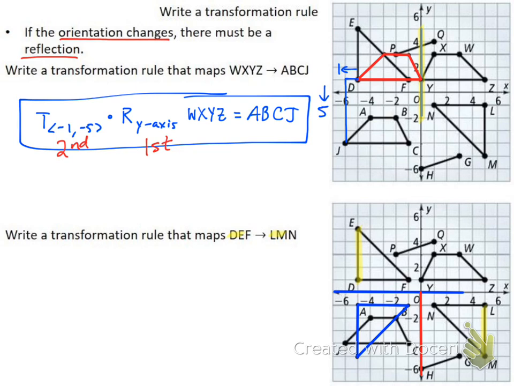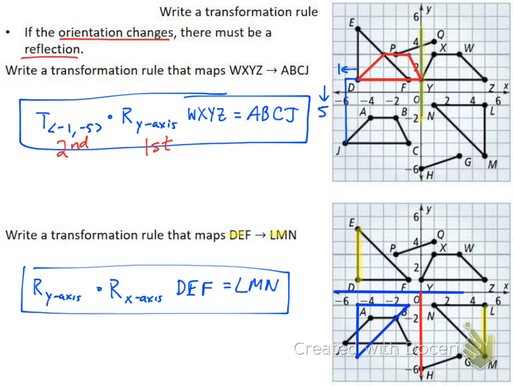So again, the first thing I did was a reflection over the x-axis. The thing that I did second was a reflection over the y-axis. Again, my pre-image DEF is equal to LMN. Again, remembering this is first, this is second.